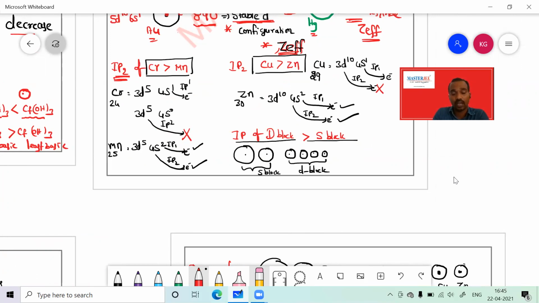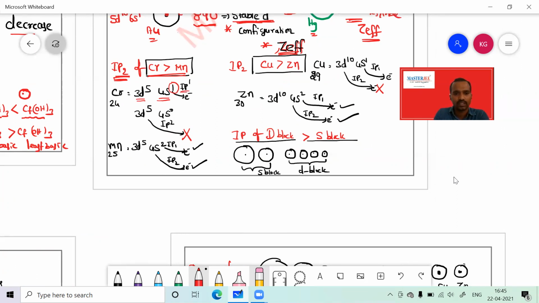First of all, I'm comparing chromium and manganese. Chromium has a higher ionization potential than manganese. Why is it like this? Chromium, whose atomic number is 24, has the electronic configuration 3d5 4s1. After losing the 4s1 electron, that is IP1, the amount of energy required to remove the first electron.